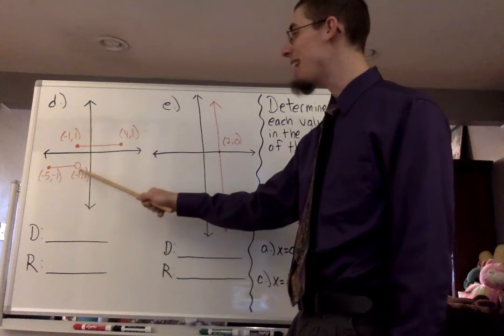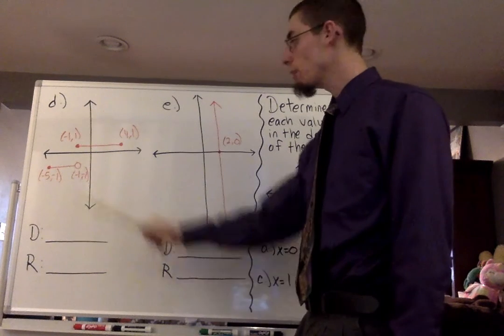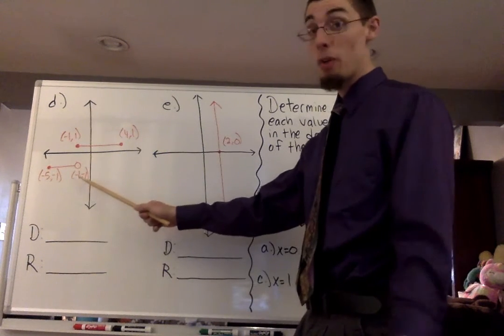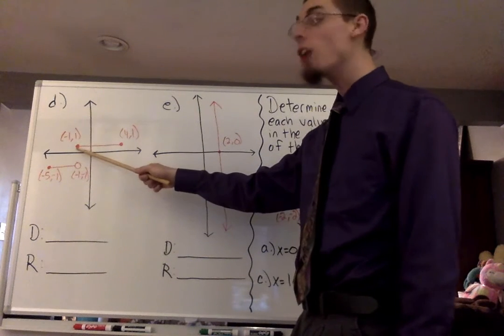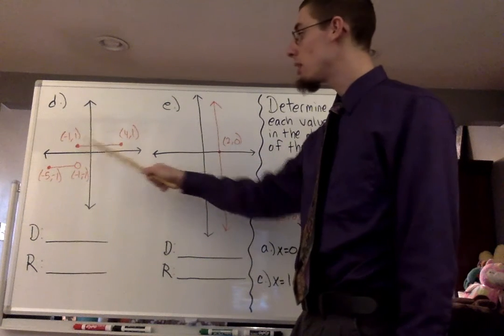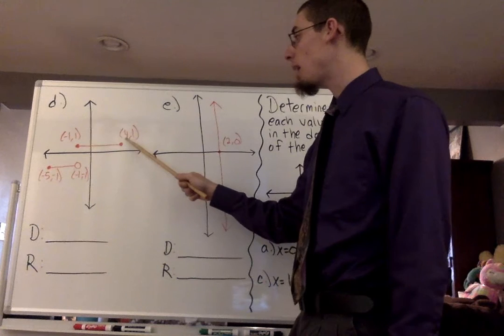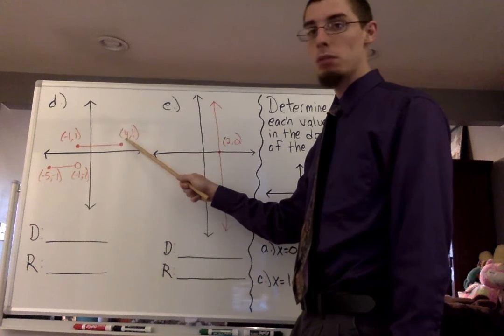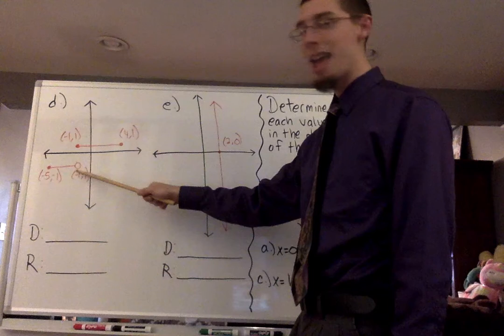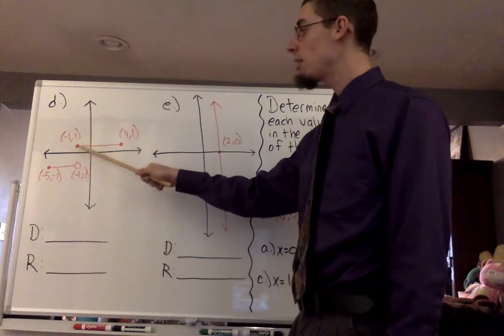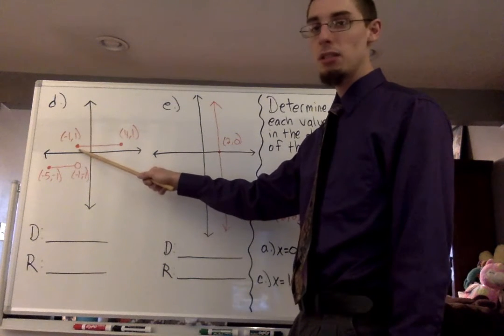It ends at negative 1 for the x values, for the domain. The second part starts at negative 1 and ends at positive 4. So where this part ends, the second part begins, right?